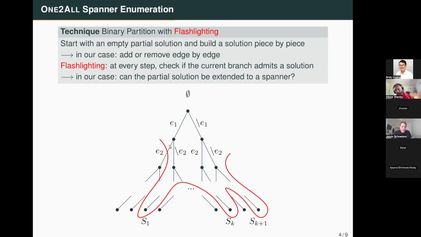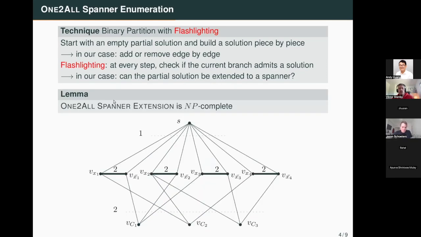If that's the case, then very well, let's continue down this branch. If it's not the case, then you can just ignore that branch because it's not going to give you a solution anyway. So this all sounds very well, but how do you do this? You need to somehow check that there is a solution somewhere. We do this with what we call the extension problem.